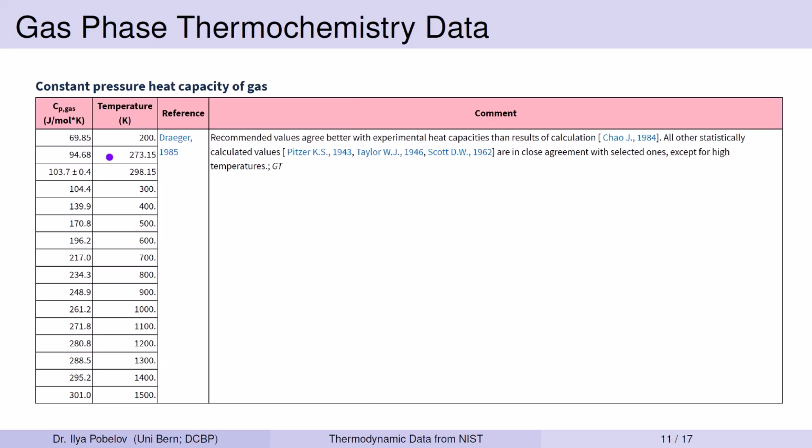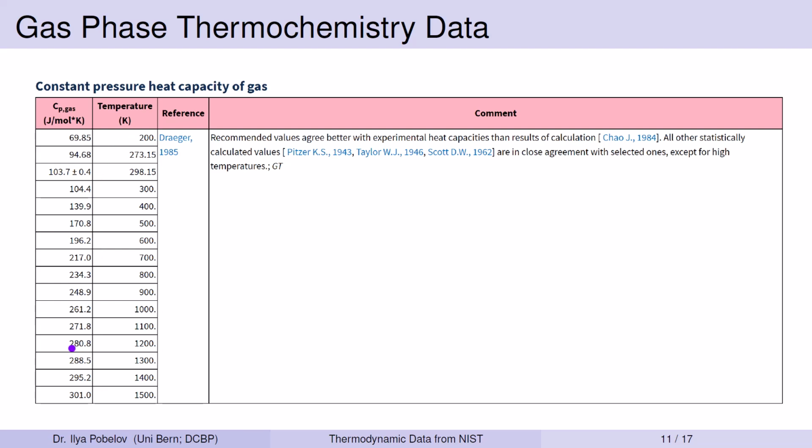Now, let's focus on the section called gas phase thermochemistry data and consider the heat capacity as an example. For many substances, the molar heat capacity of a substance in the gas phase, specifically at the constant standard pressure of 1 bar, is provided at selected temperatures.